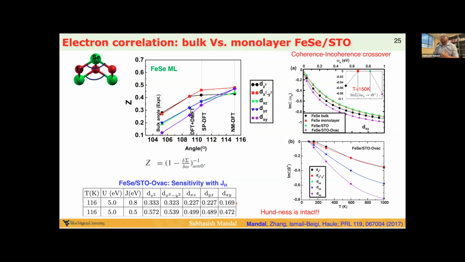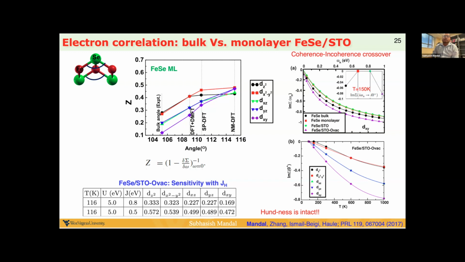We also see the coherence-incoherence crossover similar to what we see for the bulk pnictides. By extrapolating the imaginary part of the self-energy to 0, we can see that at a particular temperature, the bulk, monolayer and FeSe on STO went to the coherent limit, but for the oxygen vacancy, the coherence temperature is different.